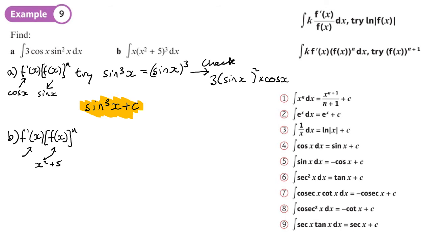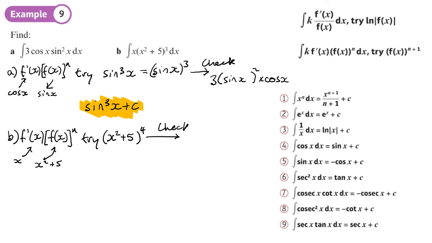So the f of x is x squared plus 5, and that happens to be cubed. So we try x squared plus 5 to one higher power, we try it to the power 4. How do we check?